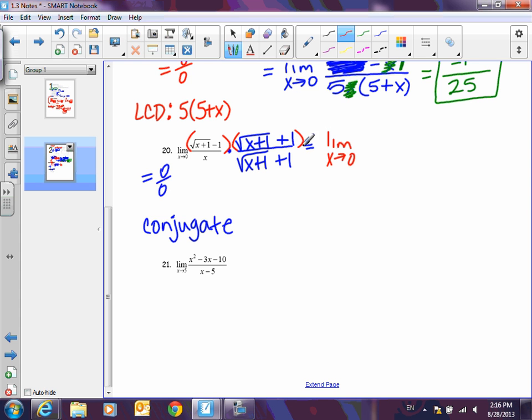Okay, conjugates. The reason they're nice is because when I multiply these two, what's square root of x plus 1 times square root of x plus 1? Just x plus 1, so that was nice. What's also going to happen when I do the outside and the inside? They're going to cancel. One of them is positive square root of x plus 1. One of them is negative square root of x plus 1.